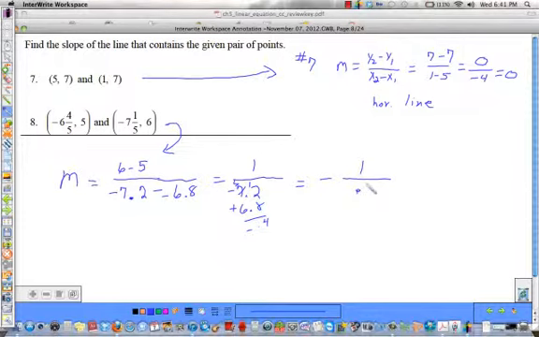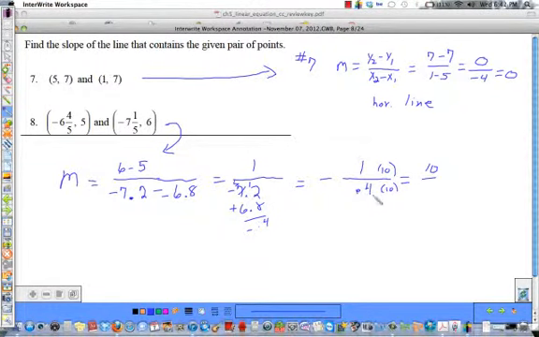But you cannot have a decimal in a fraction, so we're going to multiply numerator and denominator by 10. 10 over 4, because we just moved the decimal over once. Reduce that. And our final answer is -5 over 2.